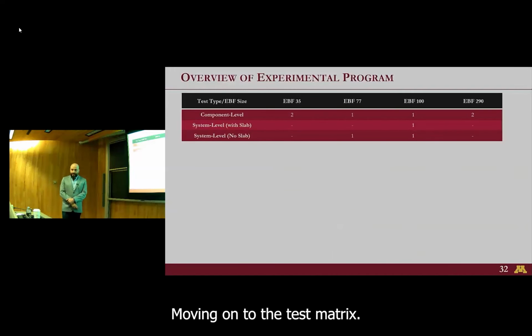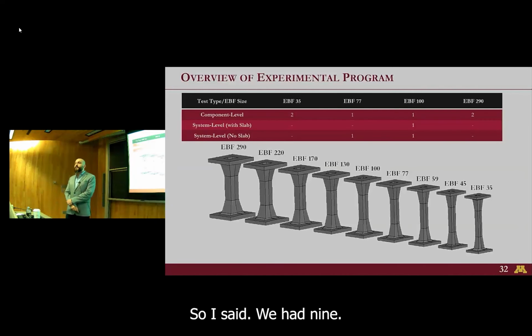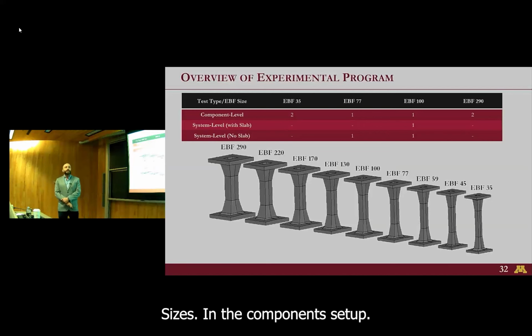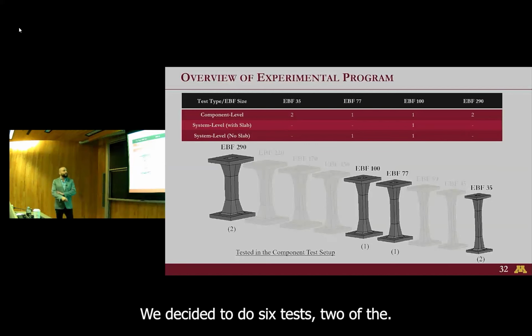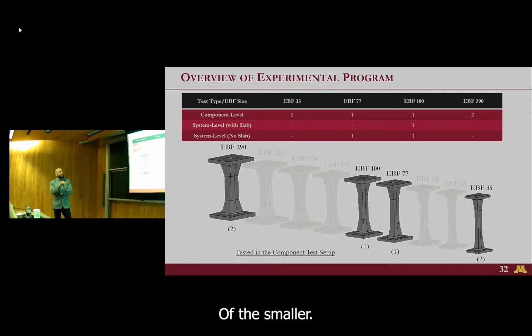Moving on to the test matrix. So I said we had 9 link sizes. In the component setup, we decided to do 6 tests. 2 of the biggest ones, 2 of the smaller ones, and we did 2 to assess repeatability. And we did 2 medium-sized links, EBF 100 and EBF 77.